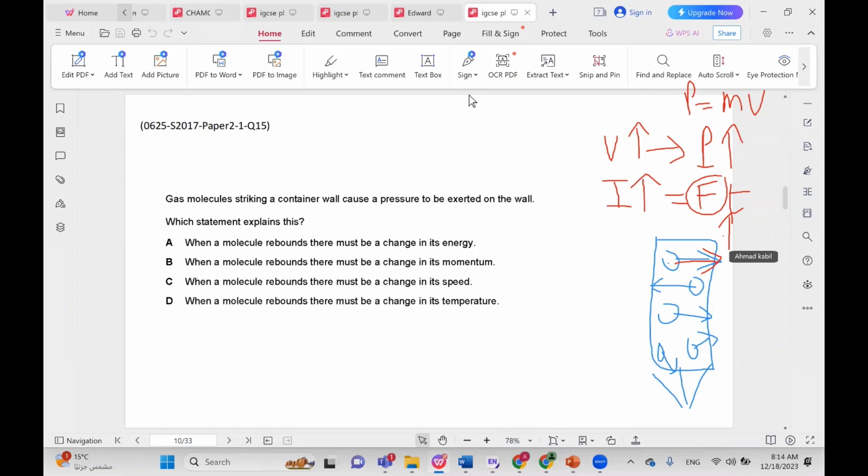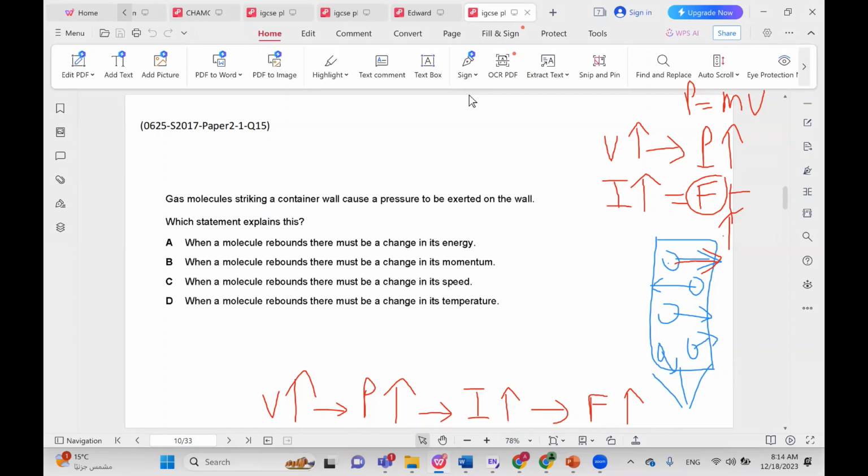So let's recap. When the velocity increases, the momentum increases. So the impulse on collision with the wall increases. So the force increases. And that's what we care about for the purpose of this problem. What happens when the force increases?